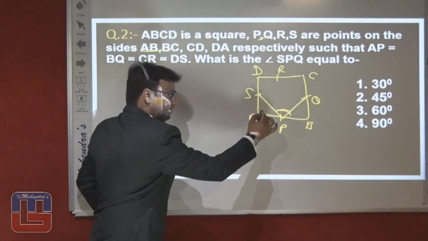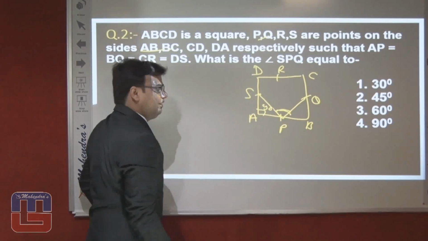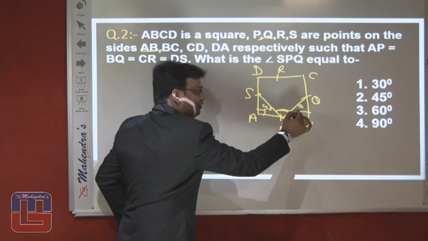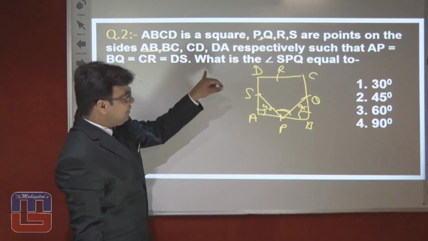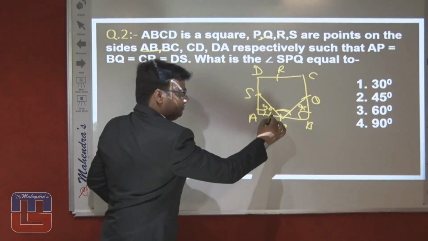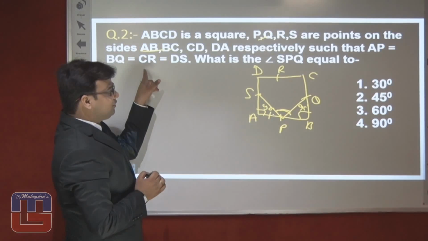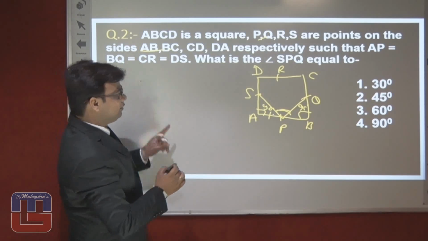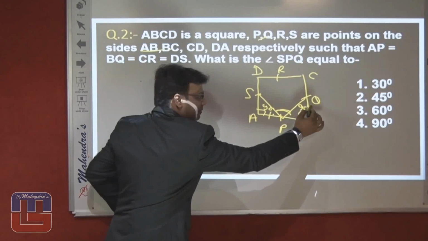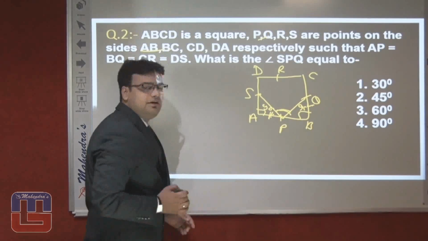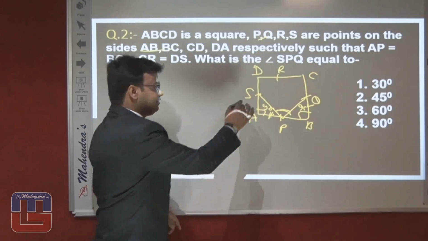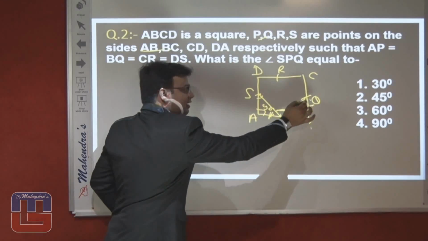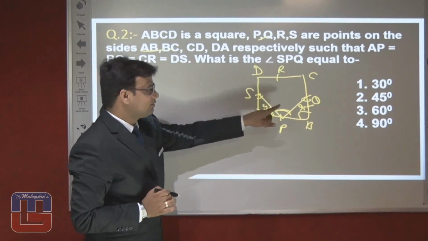That means angle A is 90 degrees and angle B is also 90 degrees. The other condition is that AP is equal to BQ, that means both sides are equal. That means the corresponding angles are also equal, so angle S is equal to that angle.